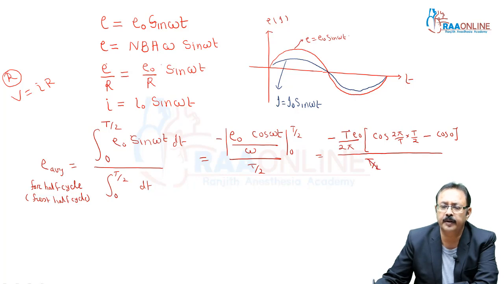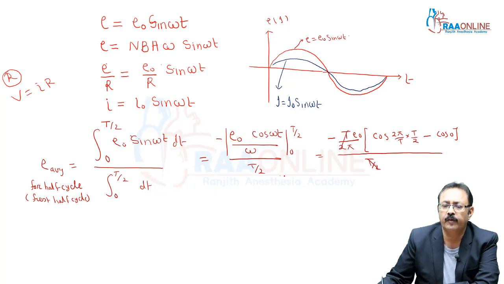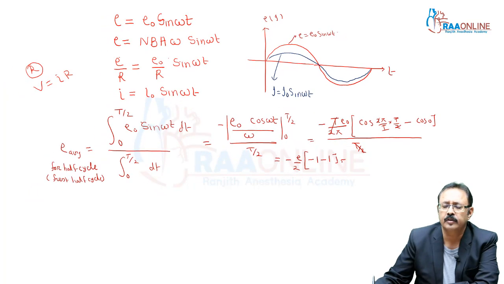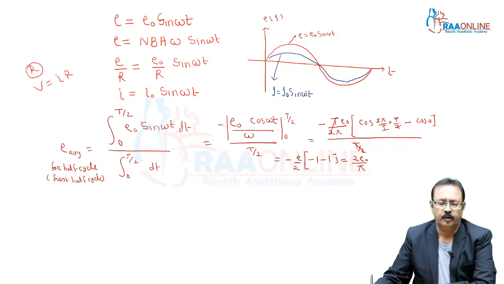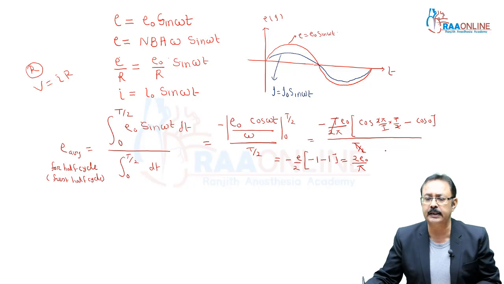Cancel T by 2 with T by 2. What we are getting is minus E naught. Cos 180 is minus 1, cos 0 is plus 1. So we are getting 2 E naught by pi, which means 0.637 E naught. You know the values of 2 and pi.